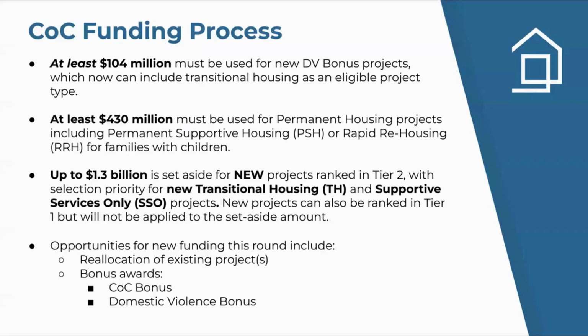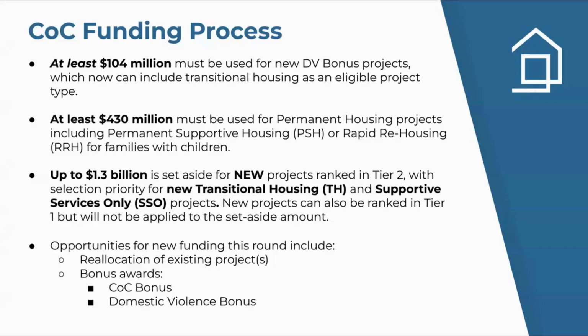And up to $1.3 billion is set aside for new projects ranked in tier 2 with selection priority for new transitional housing and supportive services only projects. New projects can also be ranked in tier 1, but they would not have access to that $1.3 billion set aside that is in tier 2.